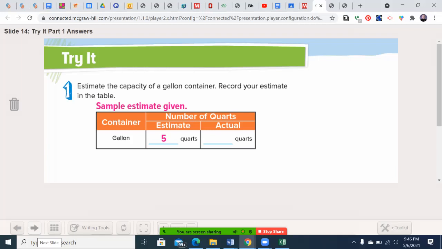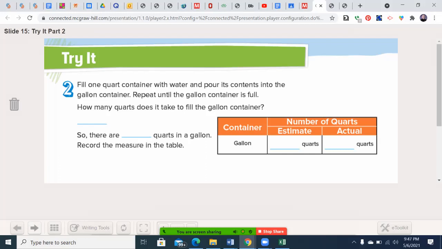After hearing me, if you didn't guess 4, I'd be upset. All right, let's move forward. We'd measure it out, and the answer is 4. So you can have those 4 in there.